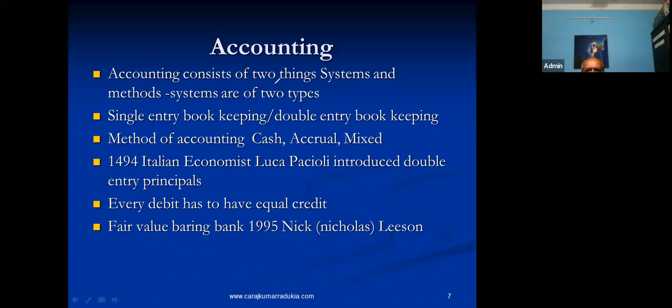The method is only one, but the systems are of two types. Which are the systems? Single entry, single entry bookkeeping, and double entry bookkeeping. But nowadays, which system is being followed? Single or double?